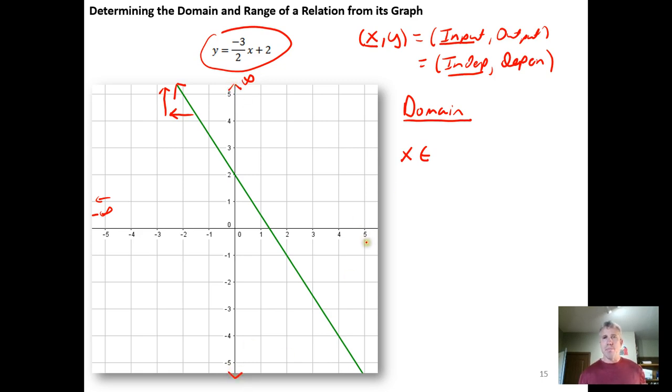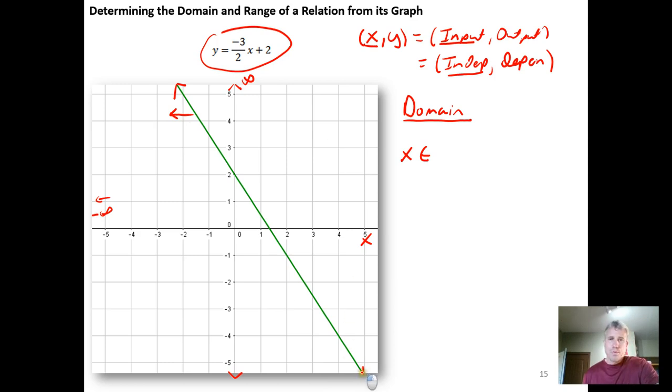And what we want to remember is that the input variables are graphed versus the horizontal axis. So when we're talking domain, we're always asking where on the horizontal axis can x live. And this arrow right here is indicating that the x values are going off towards negative infinity.